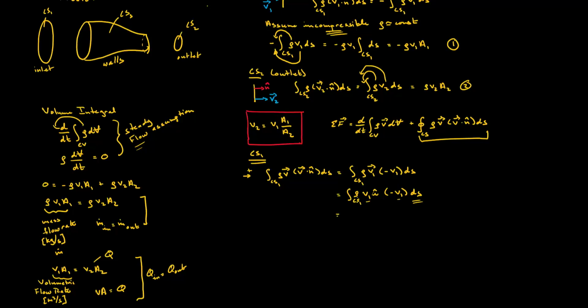So these can all come out. So what we're left with is negative rho v1 squared. And then we'll just be left with the integral of ds, which just gives us our total area A1. And all of this is in the I direction.